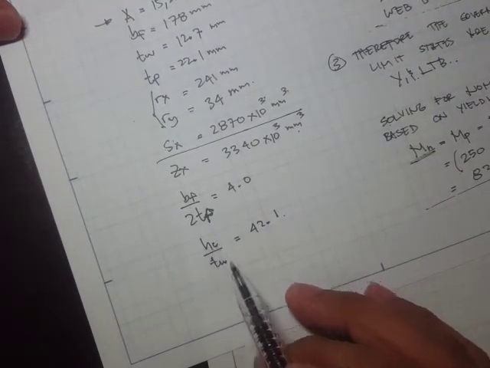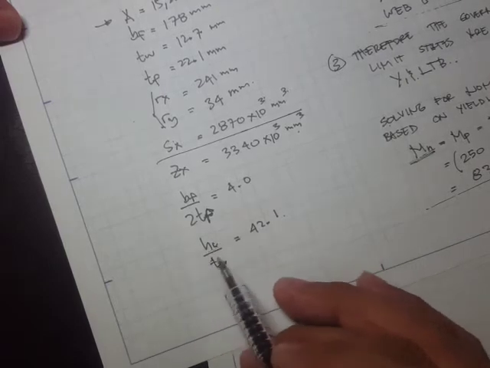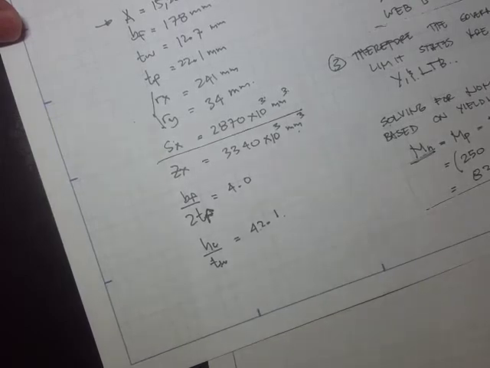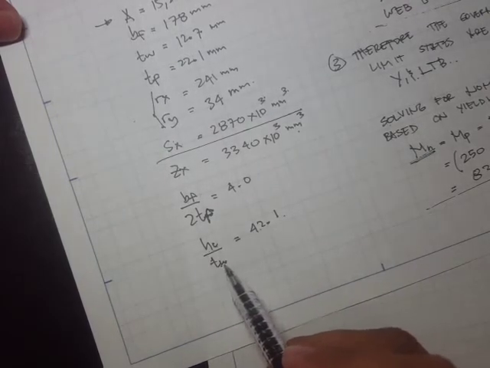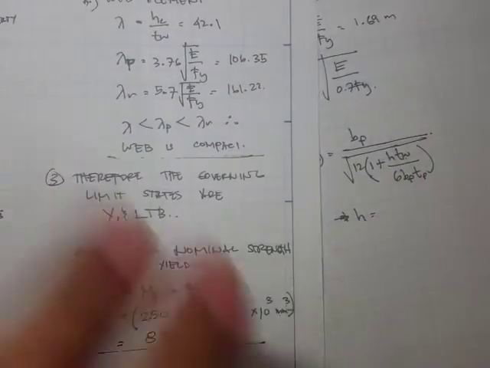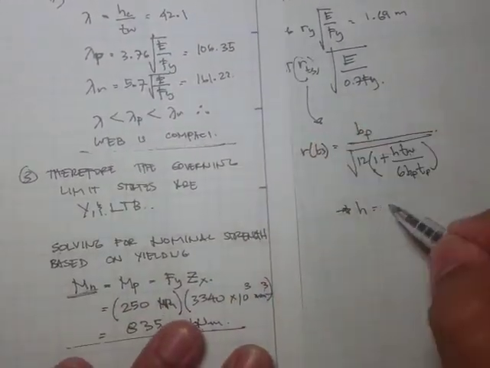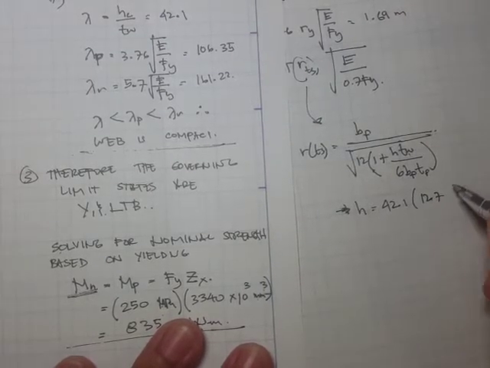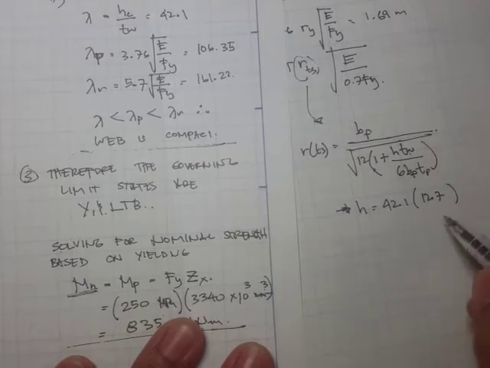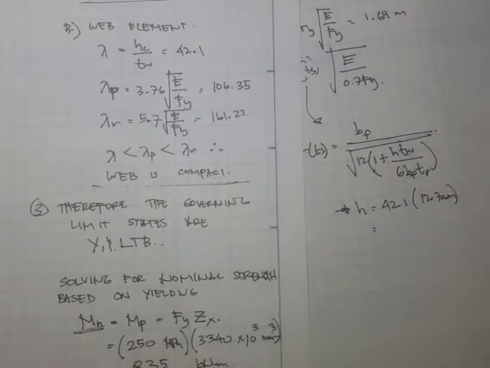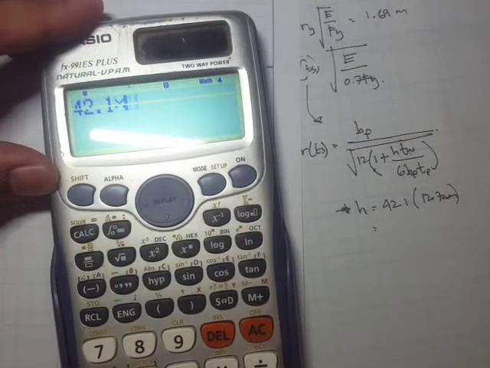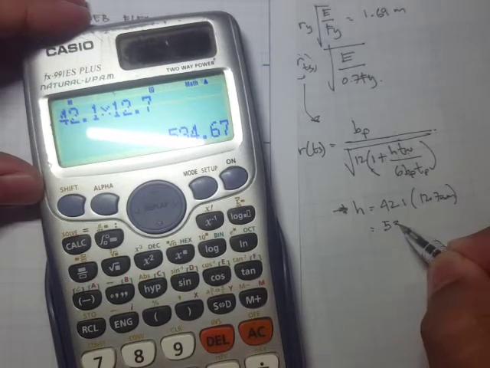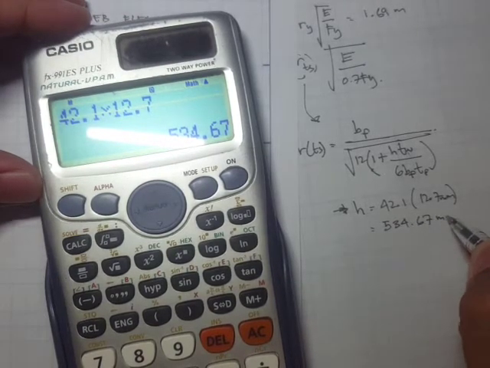Okay, so h over the thickness of the web is 42.1. If we have the thickness of the web, then we can solve for this. So h is 42.1 times the thickness of the web, which is 12.7 mm. 42.1 times 12.7 is 534.67 mm.